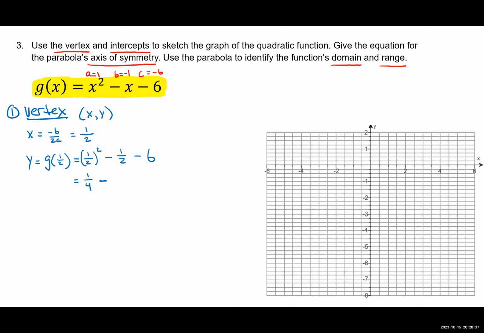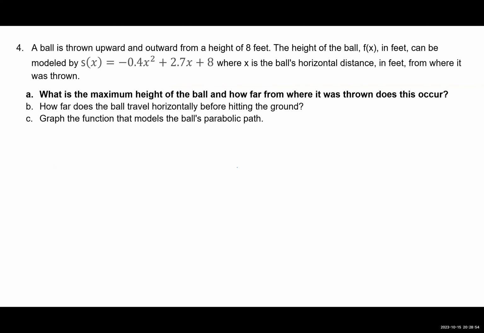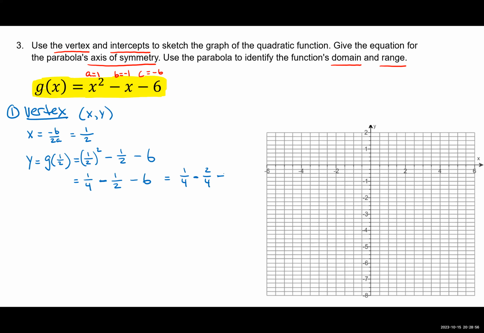So let's get a common denominator. We're going to need to in our next step. So that's 1/4 minus 2/4 minus 24/4.